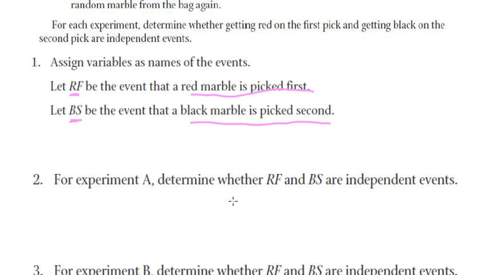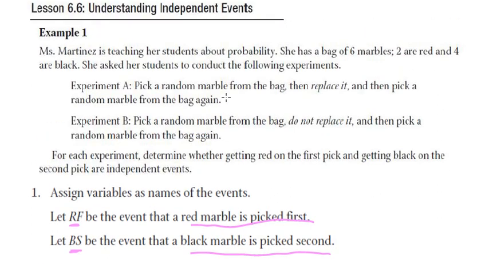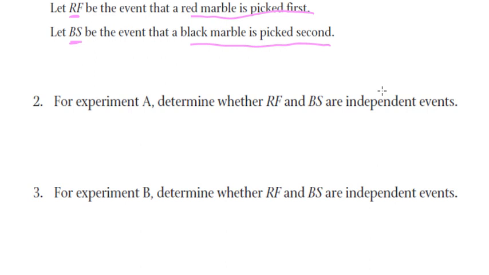Well, we know that in experiment A, the first marble, so that red marble that they picked, would then be put back into the bag. So the probability, and the way that you can think about this, and there's not really a rule for this, but the probability of that red marble being picked first is 2 out of 6.